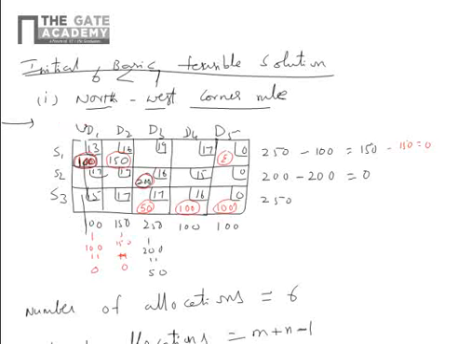Next is Vogel's approximation method. In Vogel's approximation method, the penalty cost has to be calculated for each column and row.